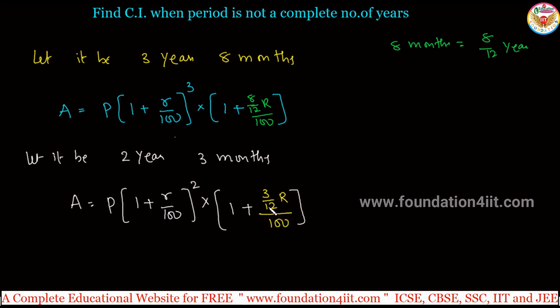Because of 3 months, 3 by 12 R. If it's 8 months, 8 by 12 R by 100. So this is 3R by 1200 or 8R by 1200, or else 8 by 12 into R by 100. Okay, don't get confused with this formula.